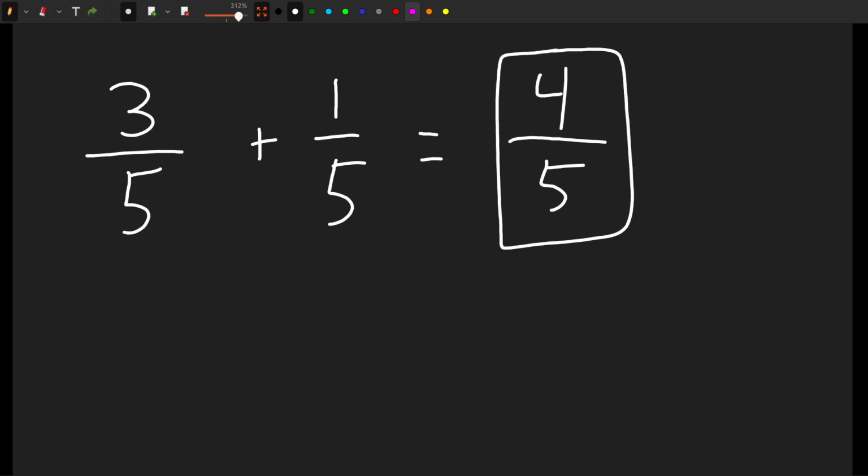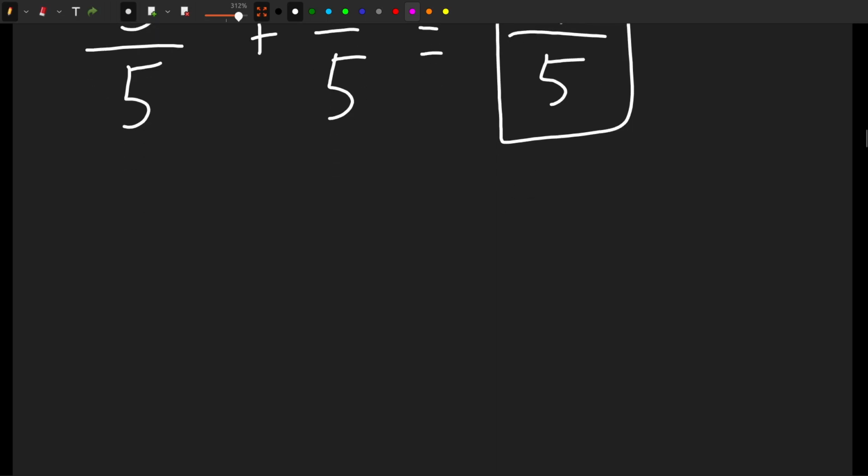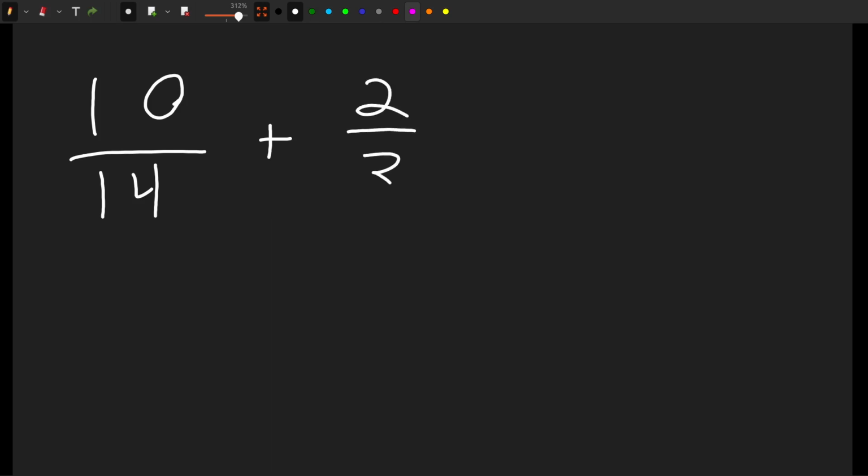Okay, now let's start to get a bit more challenging. The next problem after this is going to be 10/14 plus 2/3. Okay, so 10/14 plus 2/3, we need to find the lowest common multiple.